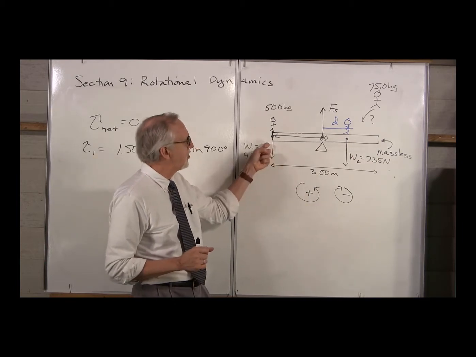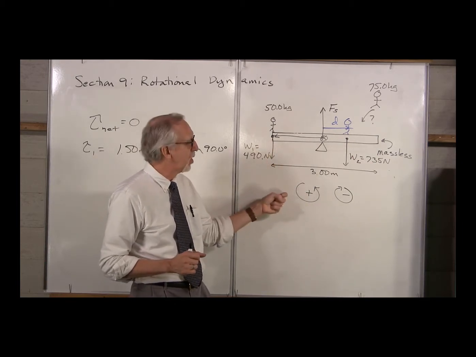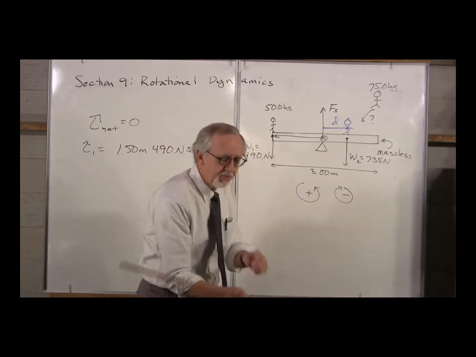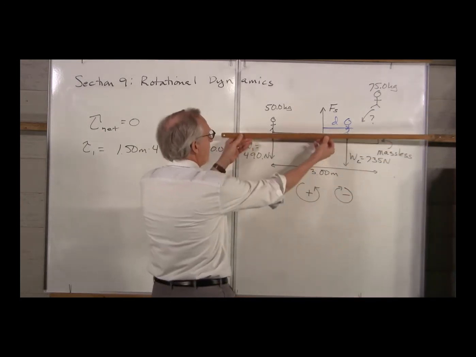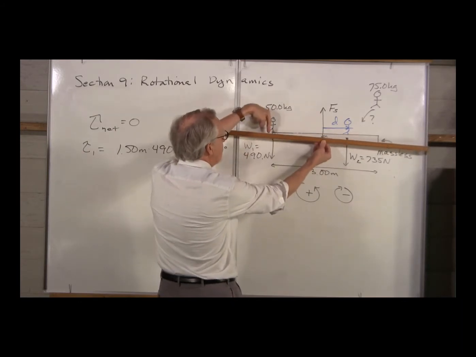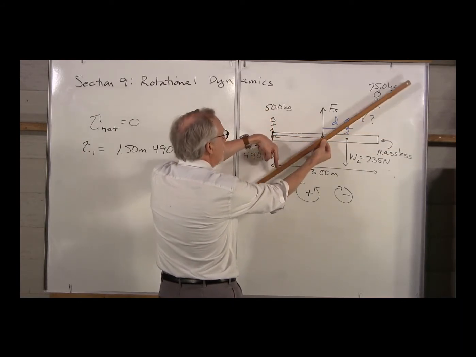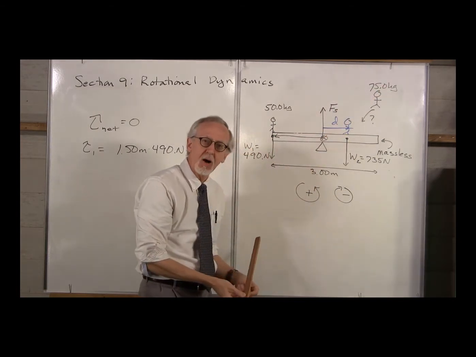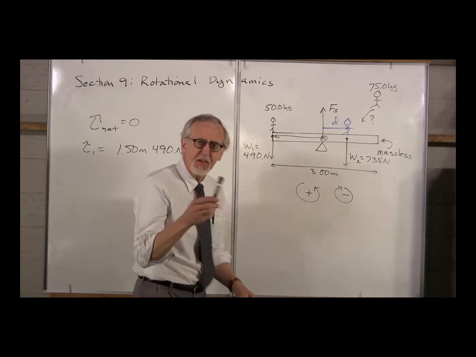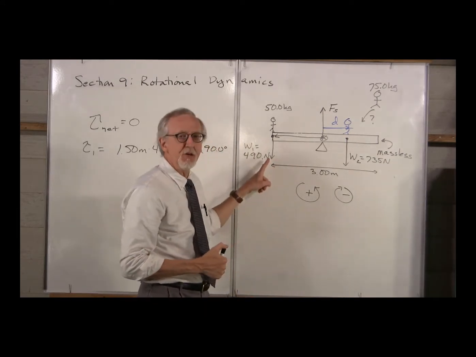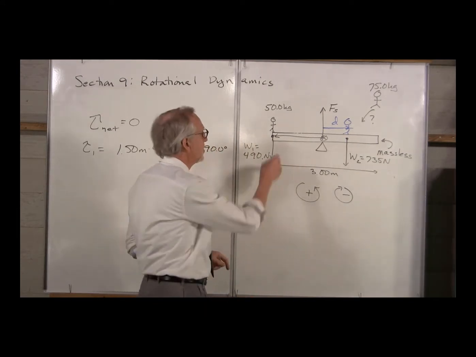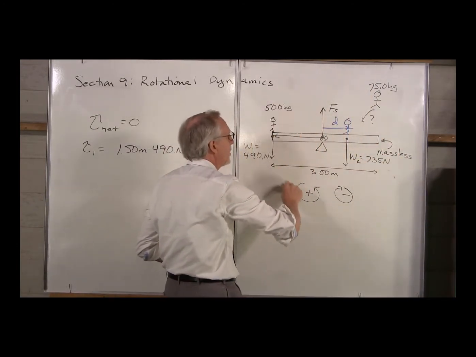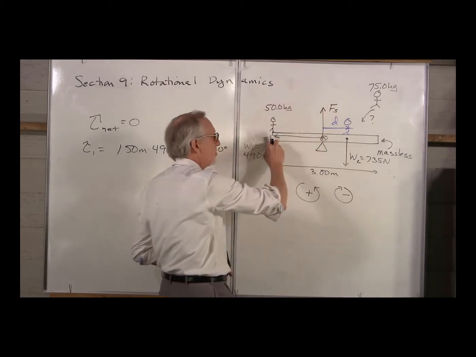Now in this case, for this torque, is this a clockwise or a counterclockwise torque? Well, think about the seesaw. This force is pushing down this way, which would tend to rotate the seesaw in a counterclockwise direction. Another way of thinking about this is, if you were to continue this force around the origin, so down this way and go around the origin, that would go around the origin in a counterclockwise direction.